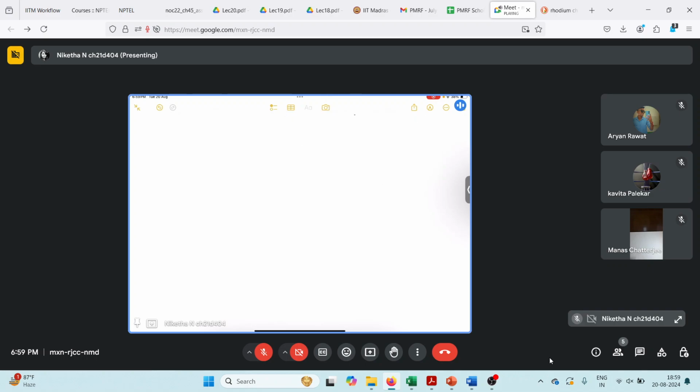Okay, coming to TOC measurement. TOC is nothing but total organic carbon.